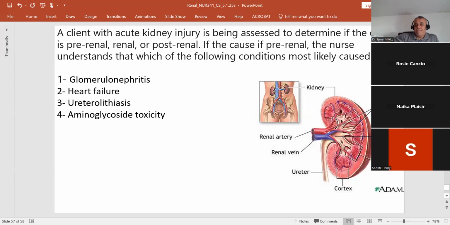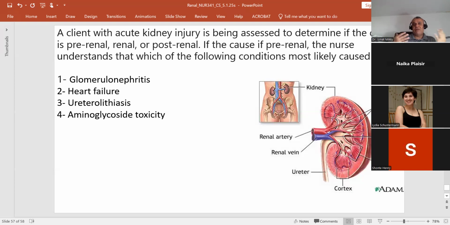Any ideas? Of the options that are on the screen here? Let's just go over the 3 different types. What do we know about pre-renal, intra-renal, and post-renal?